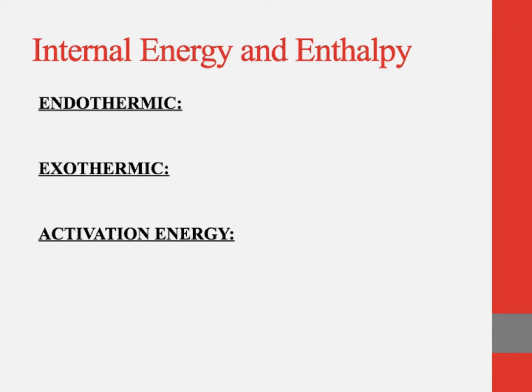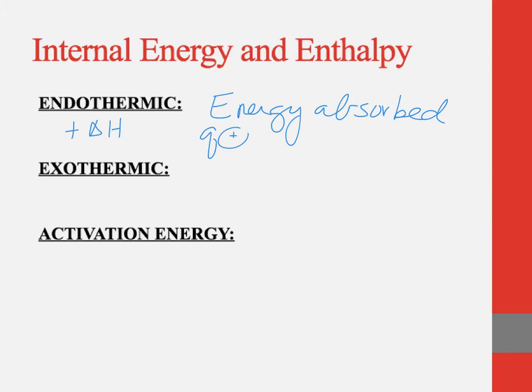All right, we have a few more terms to make sure that we go over before we start doing some problem solving. So endothermic is energy absorbed. It's characterized by a positive delta H. And you're going to have a positive heat, and you're going to have a positive work. Why?